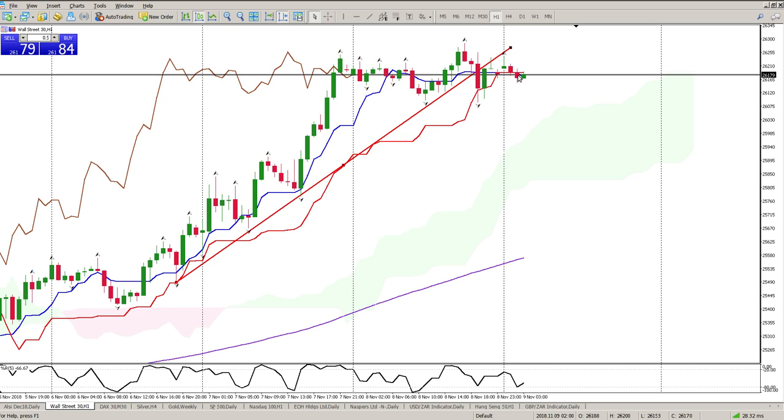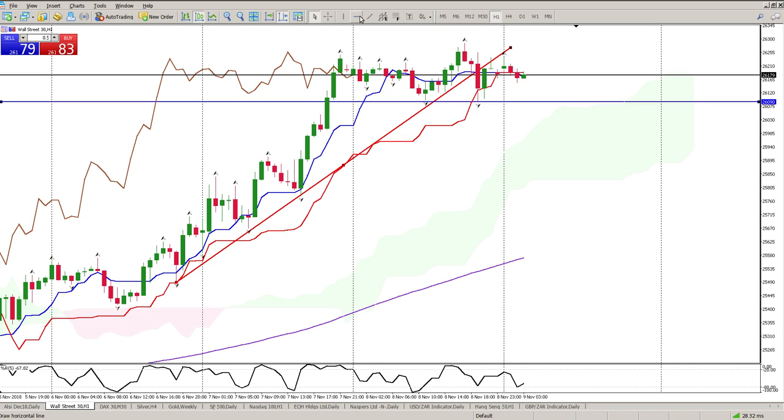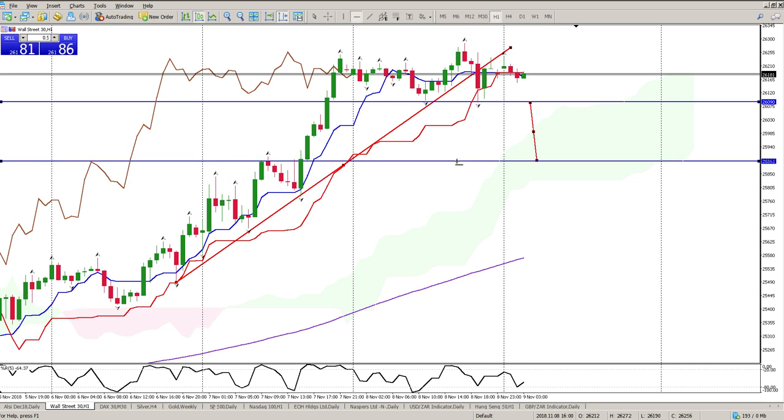There is potential for a move to the downside, and the move to the downside could just be this bottom. And if that breaks, then obviously the range height is what we're looking for, which would take us into the cloud. Now, that would mean we have a level pretty much along there.